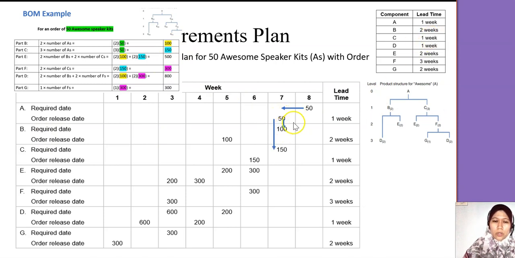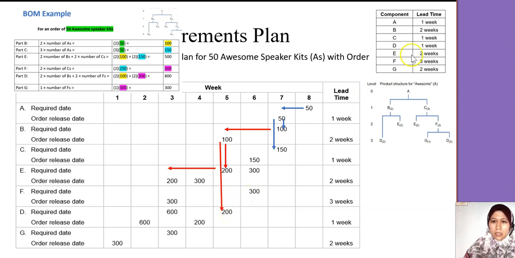And then also for C, 150. So the lead time for B is 2 weeks, so we take the 100 to this one. And then from B it goes to E, since they have 2, so this E is 2 times 100, 200. And the other one from B goes to D. So D is 2 times 100, so 200.